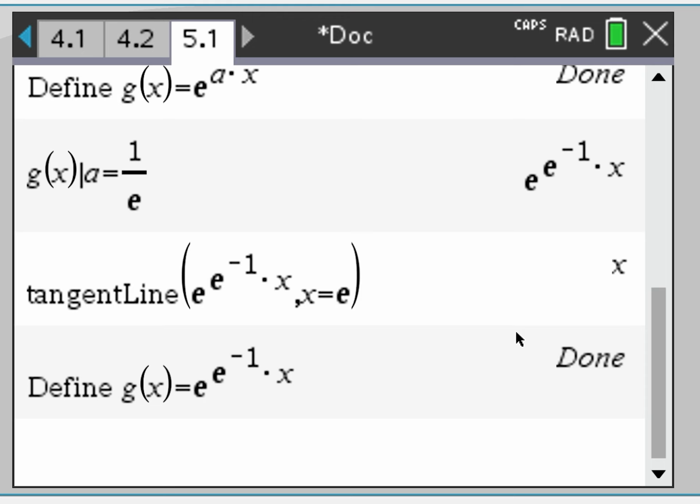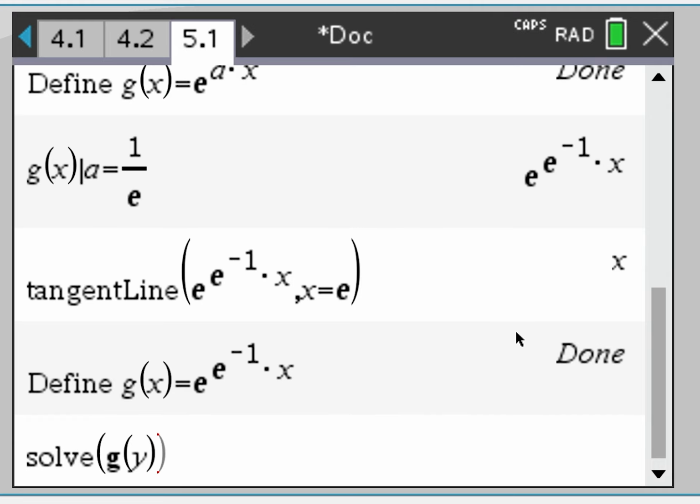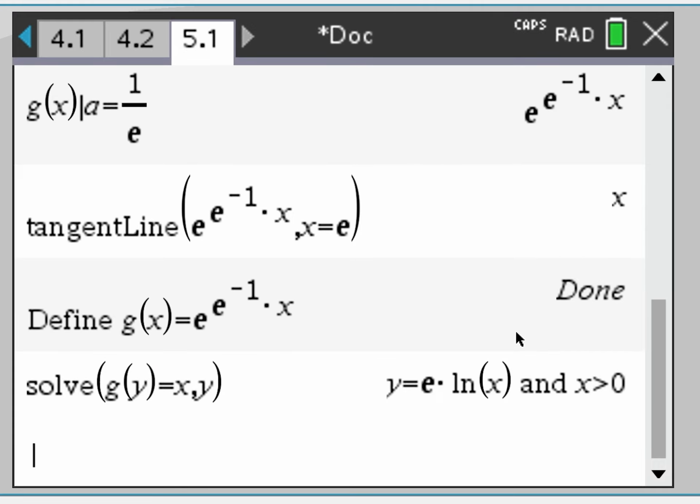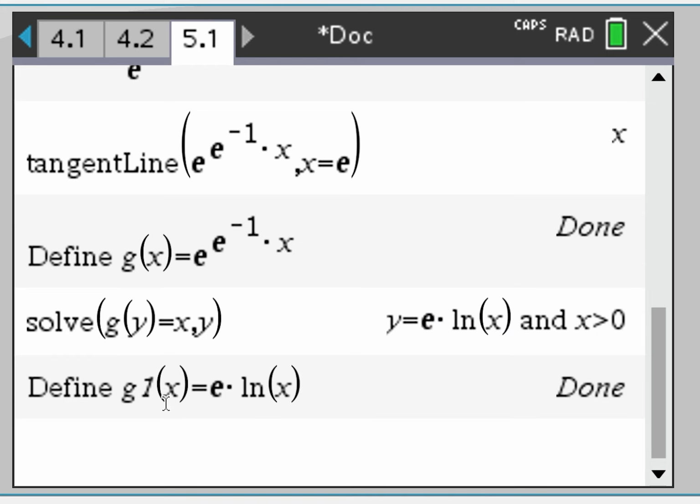So then we'll have g inverse. Actually, let's solve for the inverse first. So solve g of y equals x, comma y. Okay, so that is the inverse of g1 of x. So let us define g inverse of x equals that.